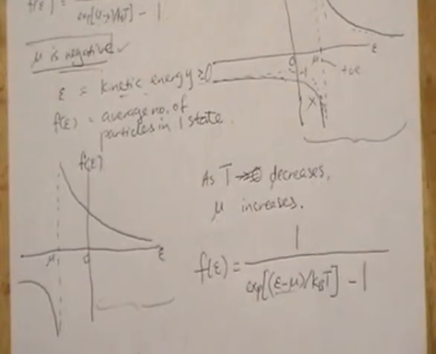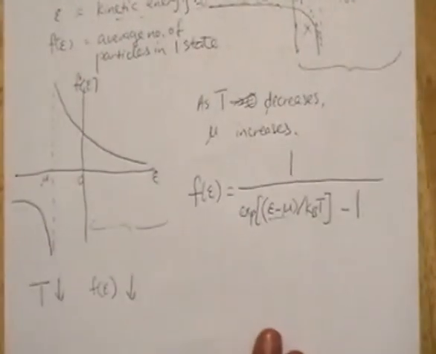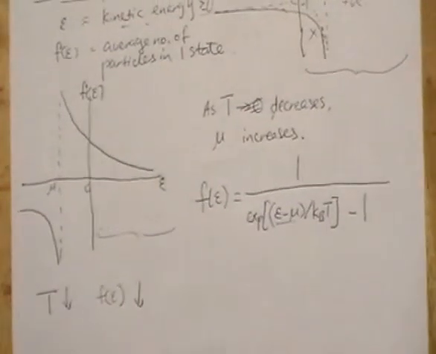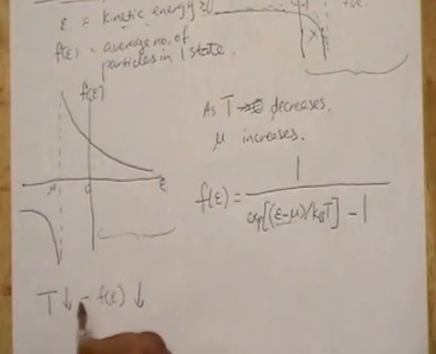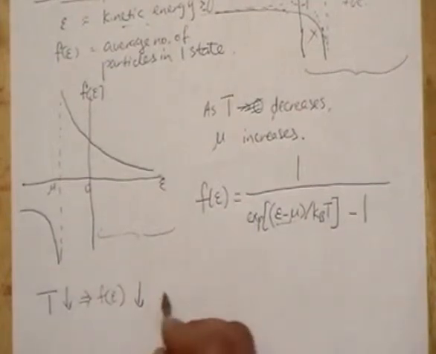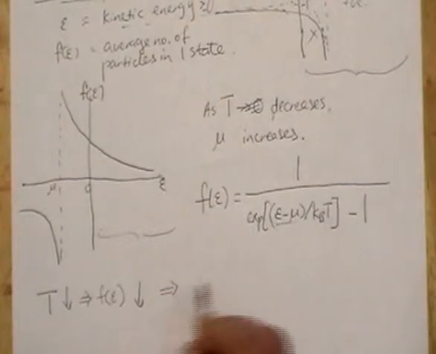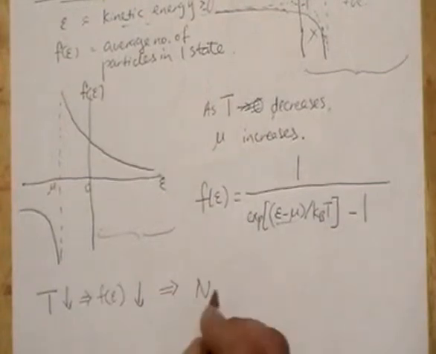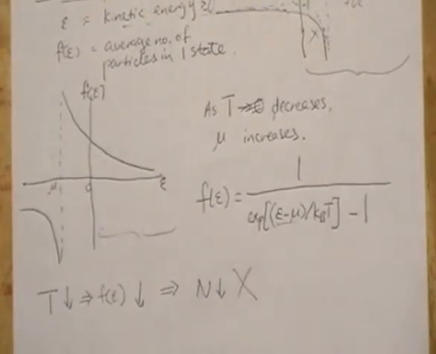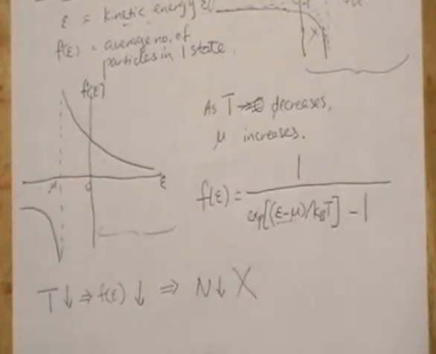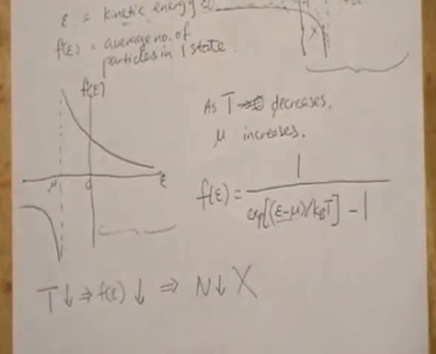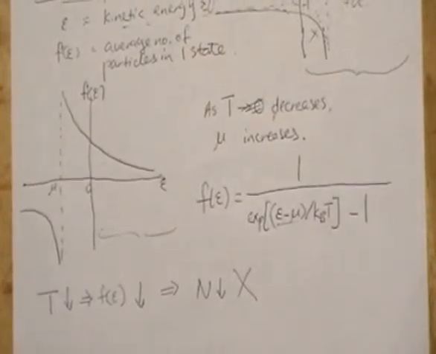Okay, so let me write this down. If T decreases, it implies that Fe decreases, and that implies that N, the total number of particles, decreases. And that must be wrong, because the total number of particles is fixed. We are talking about real bosons like helium-4 atoms here.